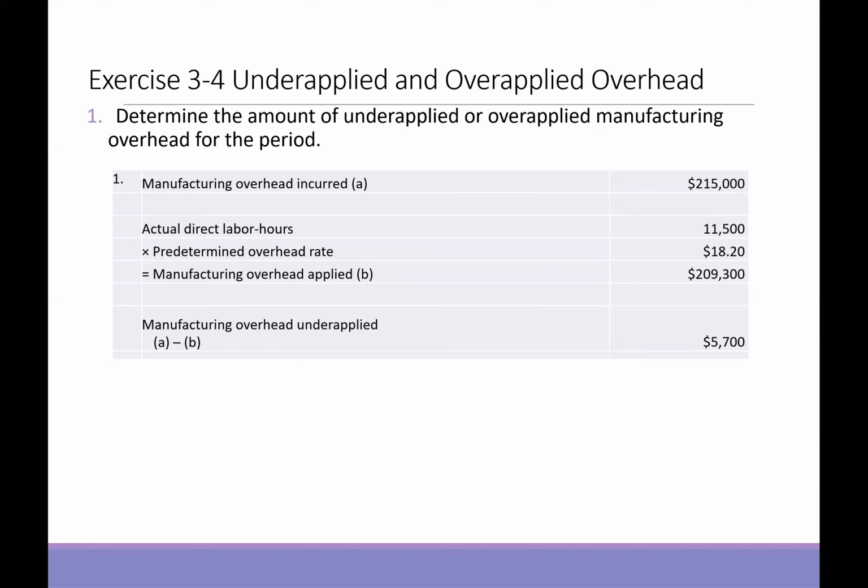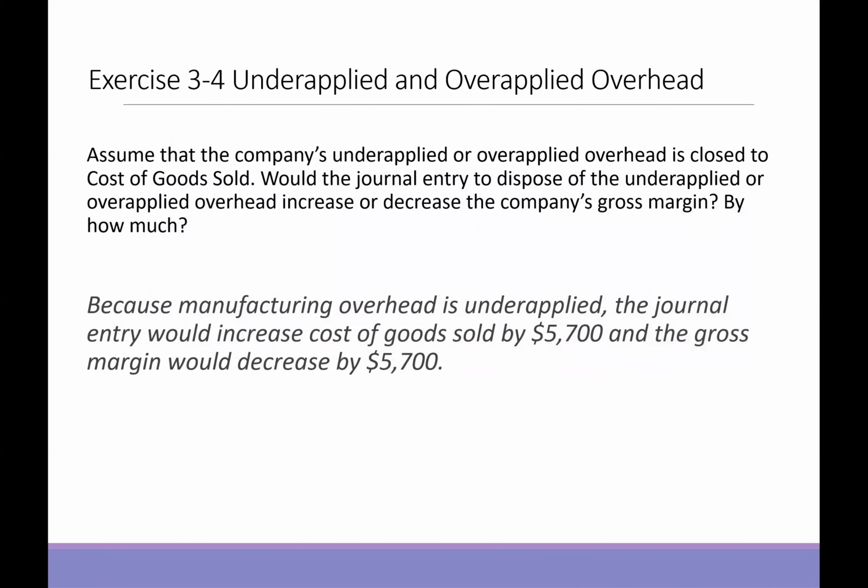If our overhead costs were really 215,000, do you see we under applied it by 5,700? Therefore, in this scenario, we would be crediting our manufacturing overhead and debiting those various accounts.